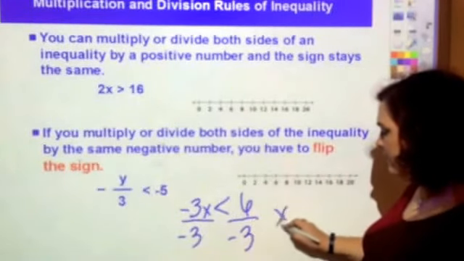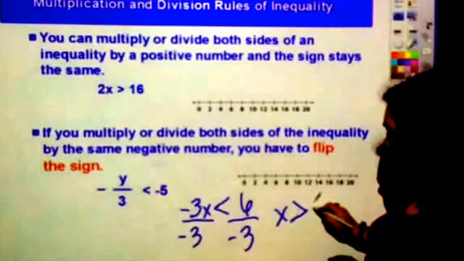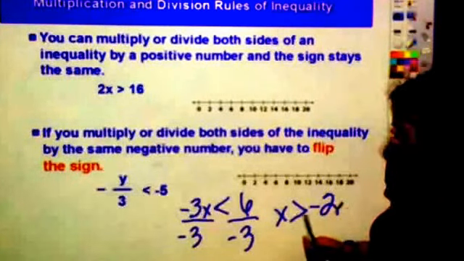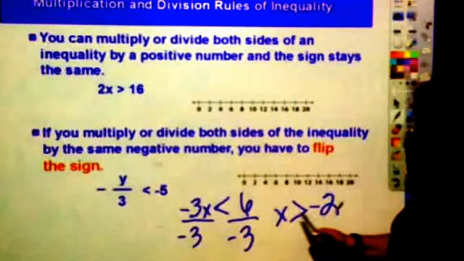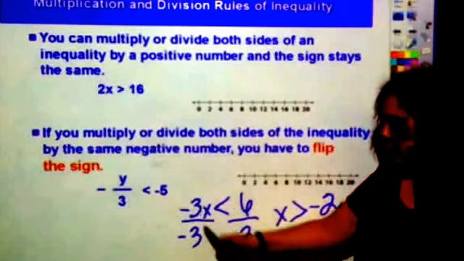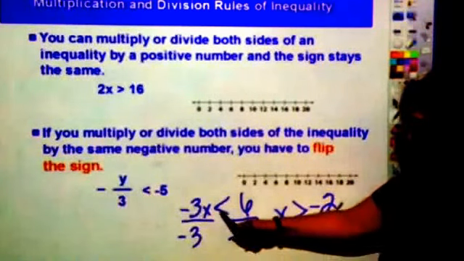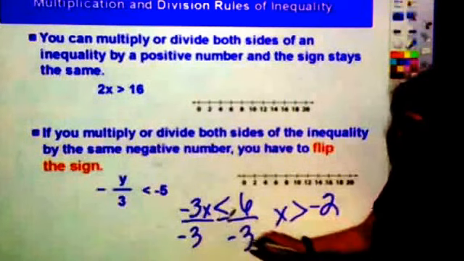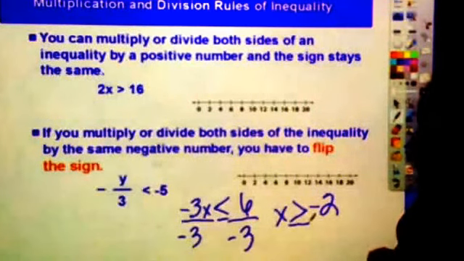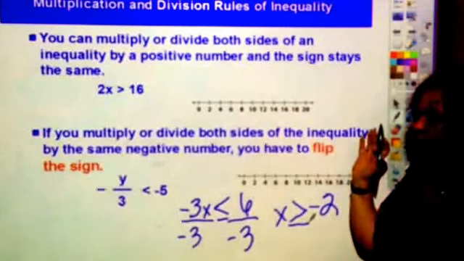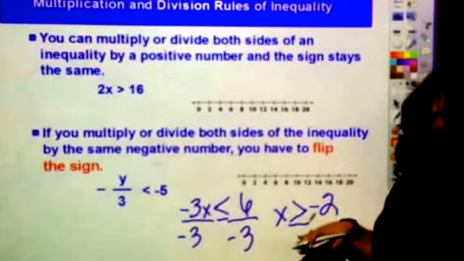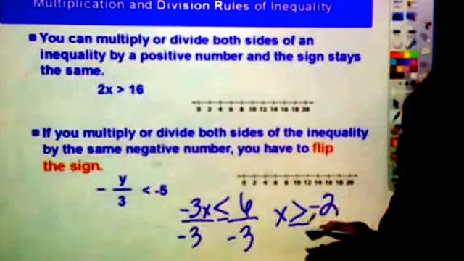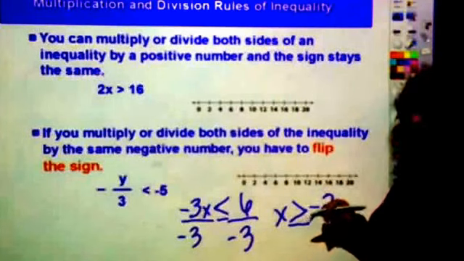So you have x, flip my sign, -2. And put it back in and check it. Negative 2 times negative 3 is 6, and that would be less than 6. If that's equal to, then it can be equal to negative 2. So make sure you know this rule, because it's really going to come into play as you start solving two-step inequalities next.